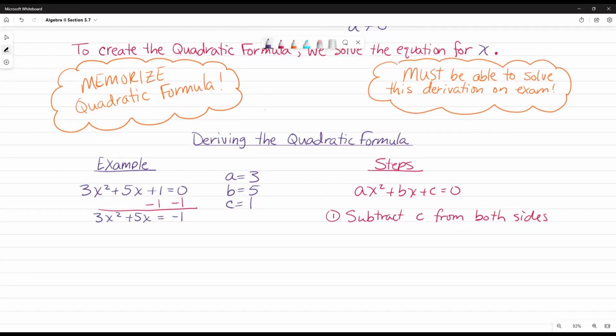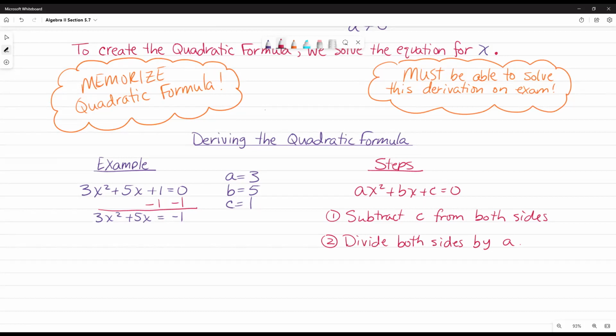Then we divide both sides by a. Now, if you have no coefficient of your x squared, you don't have to divide, all right? It's understood that it's a 1.